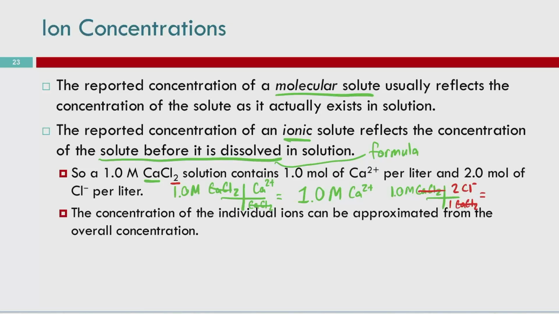Our concentration of chloride is actually 2.0 molar with respect to chloride. For some of you, you will be able to look at the subscript and you don't have to write it out, you can just multiply it and you'll get the right answer. Writing it out may be helpful to start.